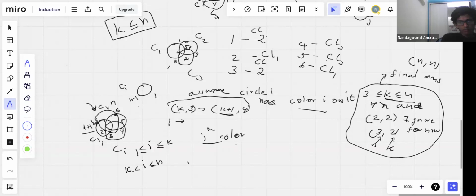The second intersection point is again colored n plus 1. So this does not add any color to the n plus 1 circle. This does not add any color to the ith circle either, because we have colored the first intersection point k plus 1 already with all of the circles.